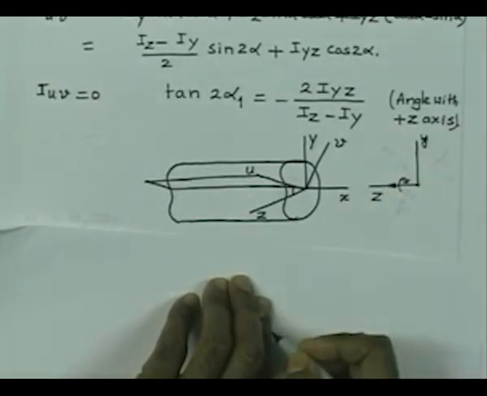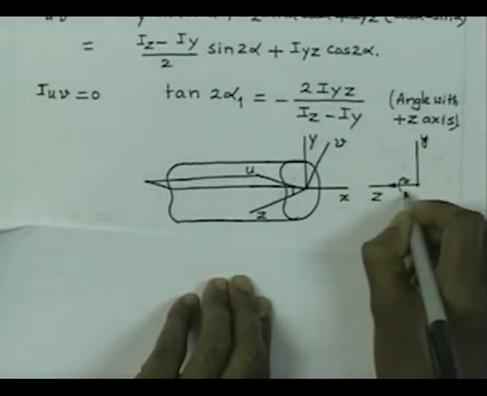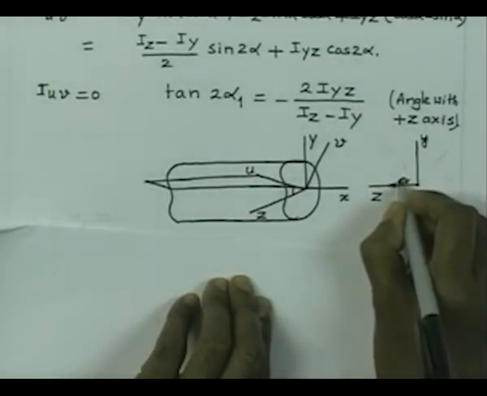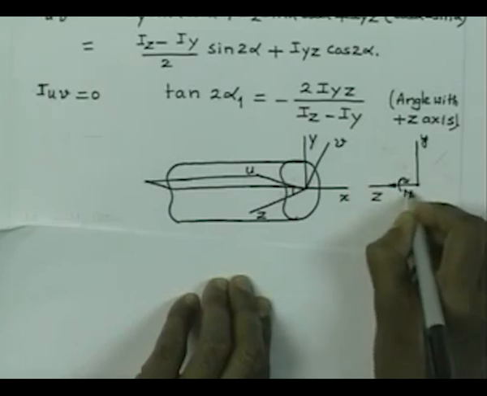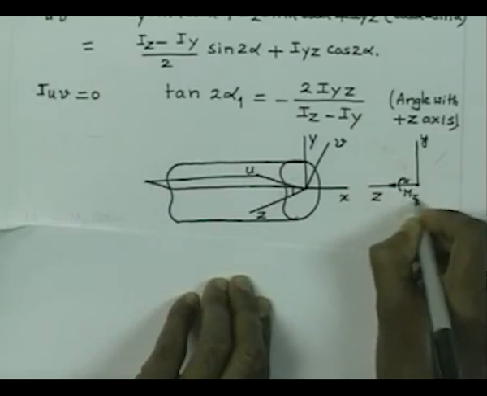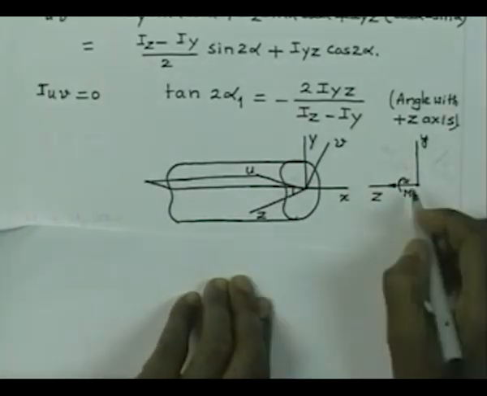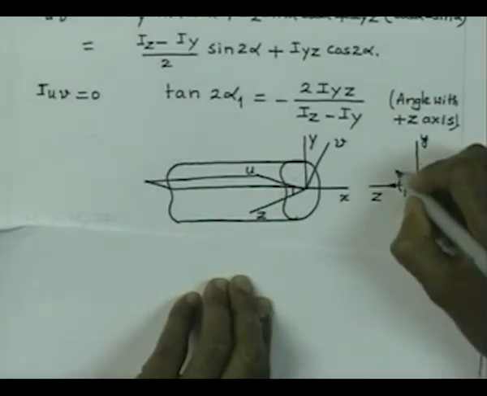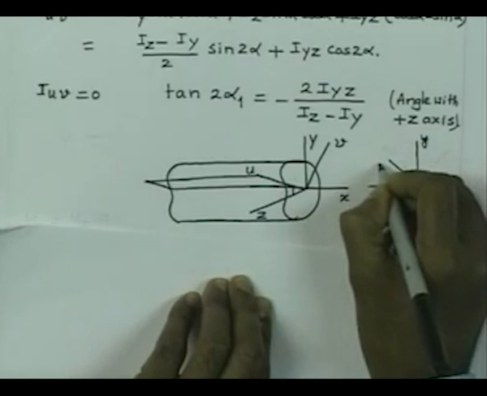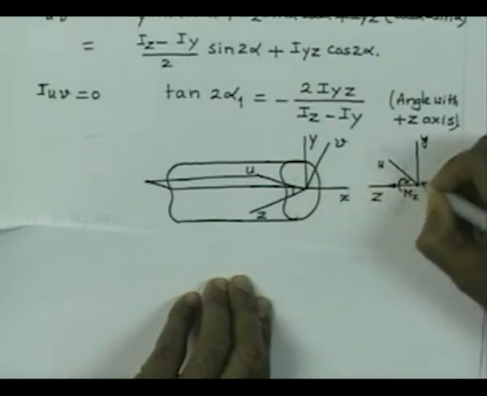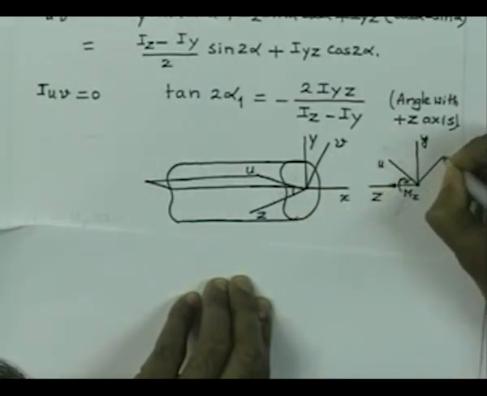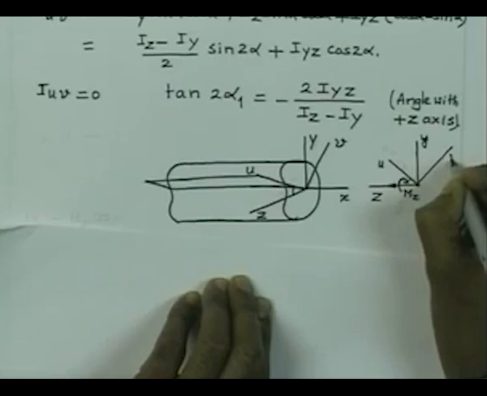Let us consider its direction like this as positive. So, this is Mz. Now, we have the direction u, which is this direction, and the direction v is this one.